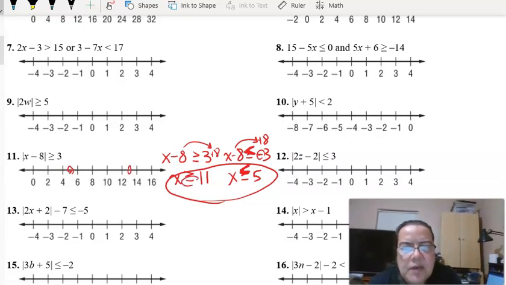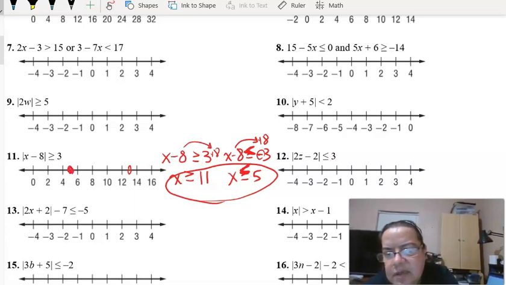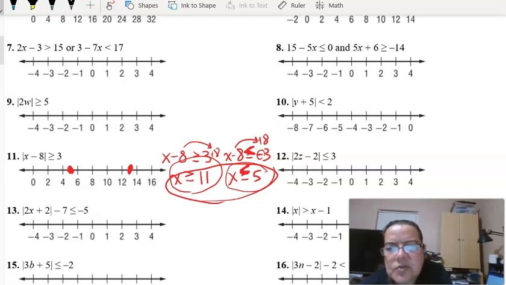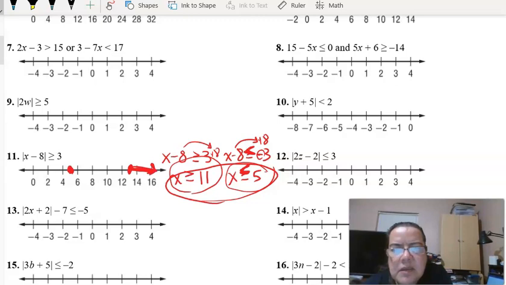They're both with the equal there as well with the bars, so they can be equal to that. So I'm going to shade both in. And we're looking at a number greater than 11 or less than 5. So we've got those two situations. So greater than 11 is this way, and less than 5 is that way.